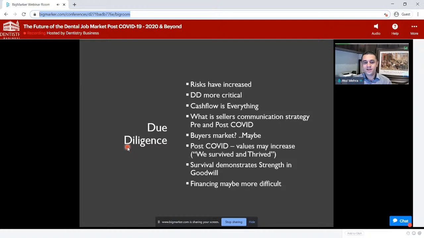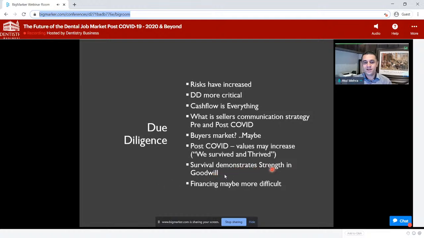Also, offices that were distressed, or secondary, third offices that somebody tried to open up, we're seeing cases where a lot of times those are now just going back on the market, and the sellers are just trying to liquidate them, and that's creating a buying opportunity for some buyers. But it's also in an environment that has increased risks, because there's a lot of uncertainty built into the economic aspect of this, and that has to be measured in your decision.